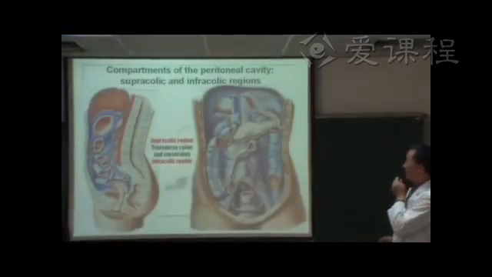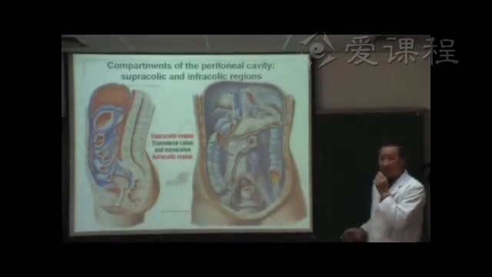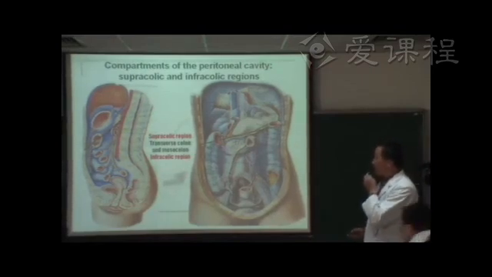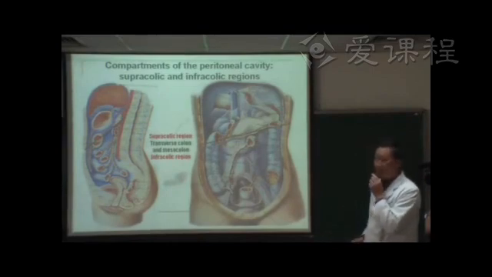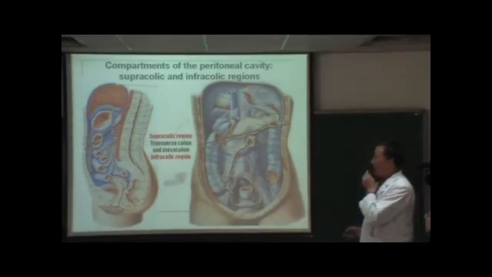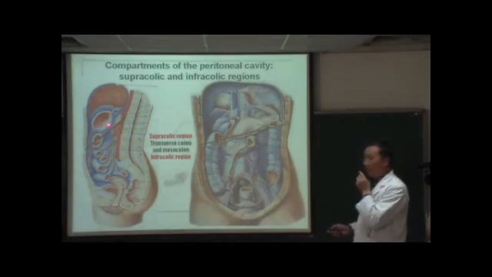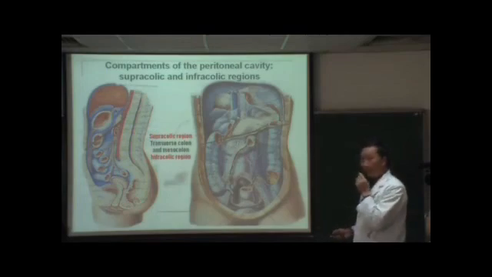What is the supracolic region and infracolic region? The structures within the abdominal cavity can be divided by the transverse colon and the transverse mesocolon into the supracolic and infracolic regions.